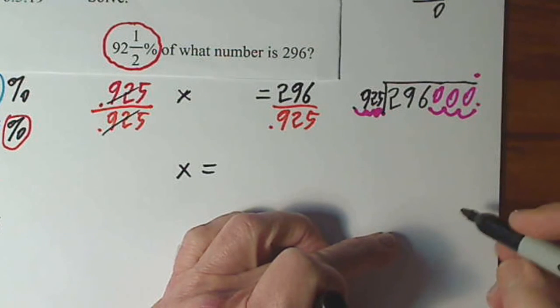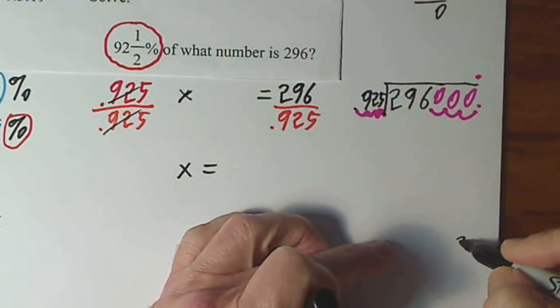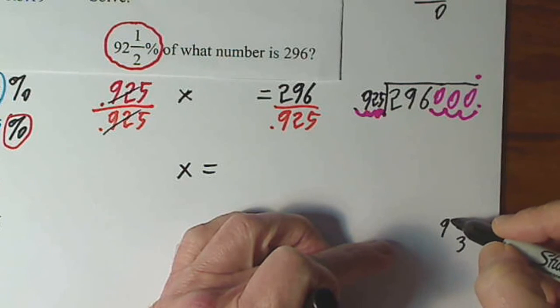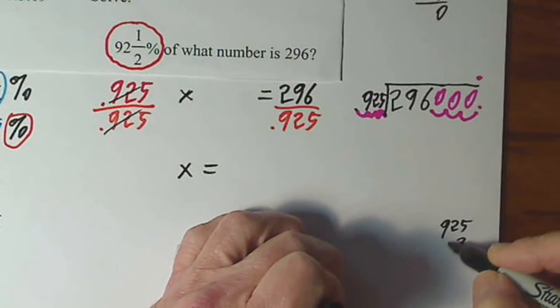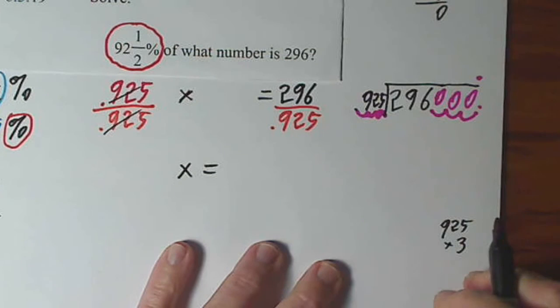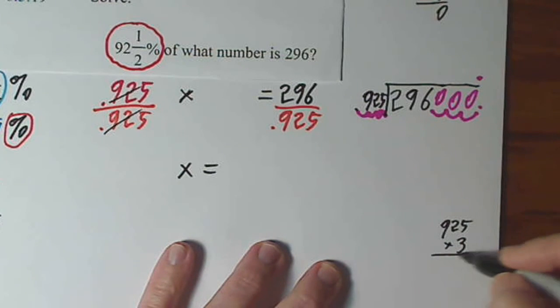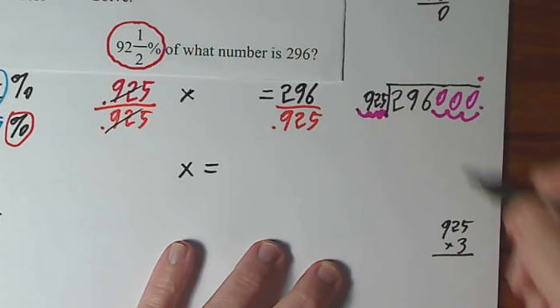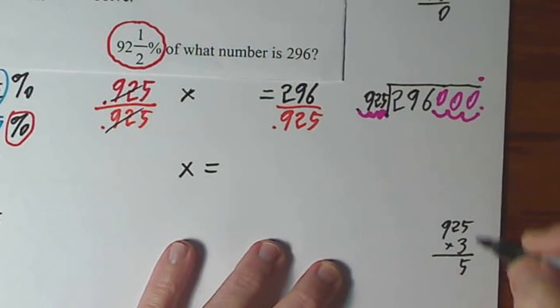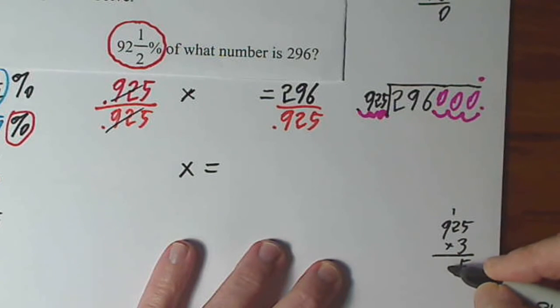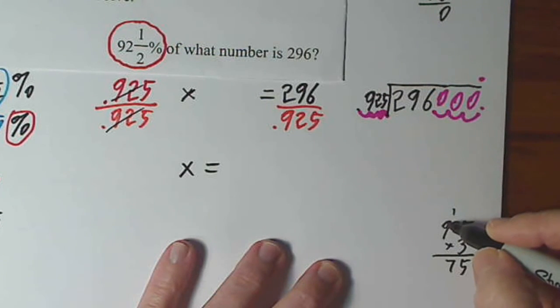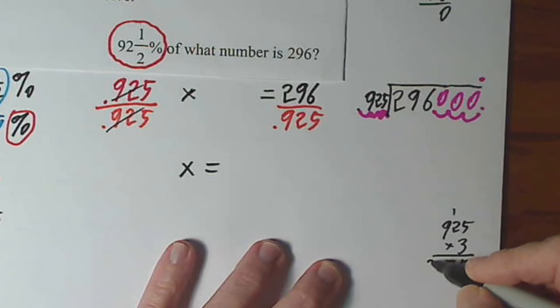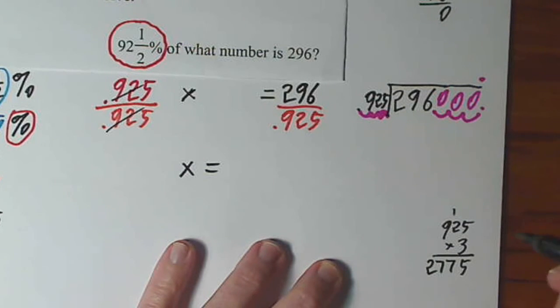So I'm going to suspect that 3 times 925 is going to be the correct number of times to divide in. So that'd be 15, 6, 7, 27. Yeah.